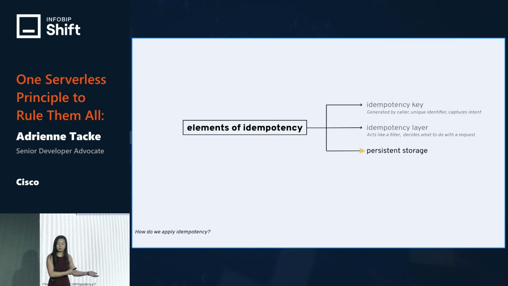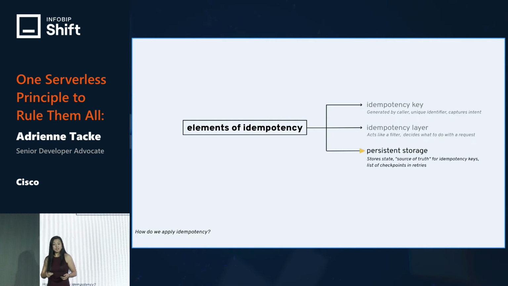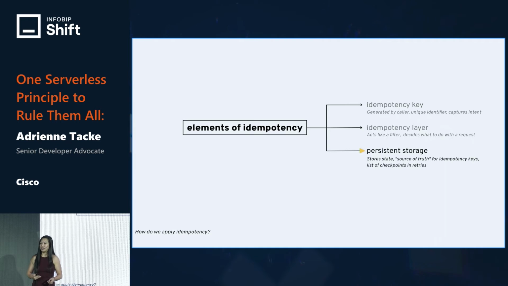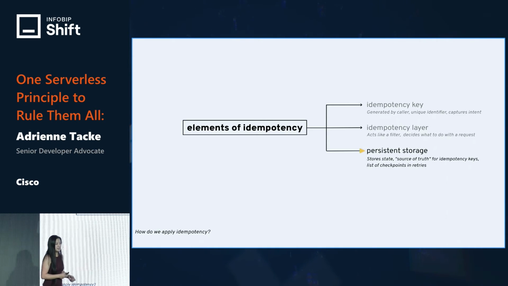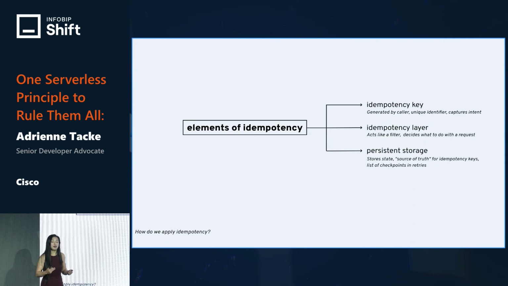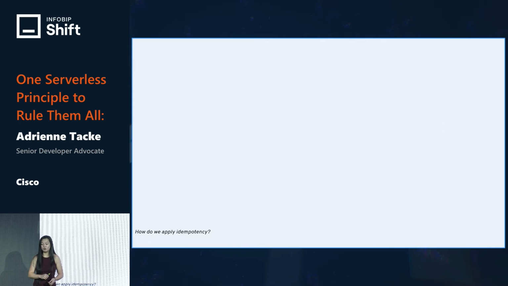And that something is the persistent storage, which is the third piece of idempotency. This is what stores the state. This is the source of truth for our application, for our idempotency keys. And in some cases, you can even use it as a list of checkpoints in your retry behavior. So with all 3 of these pieces, we can actually implement idempotency in our application. Let's see how we do that.